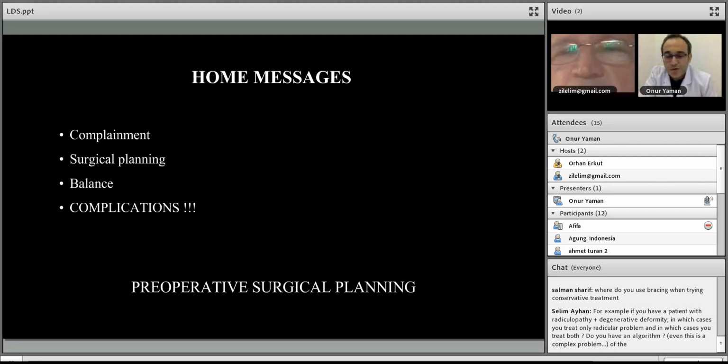First of all, I talk about the complications. I tell the patients the complication rate of lumbar degenerative scoliosis surgery is sometimes 40 or 60%. So I think you don't need any correction. I may correct your deformity, but it will cause very high complications. So only decompressing or a short fusion will be good for you.